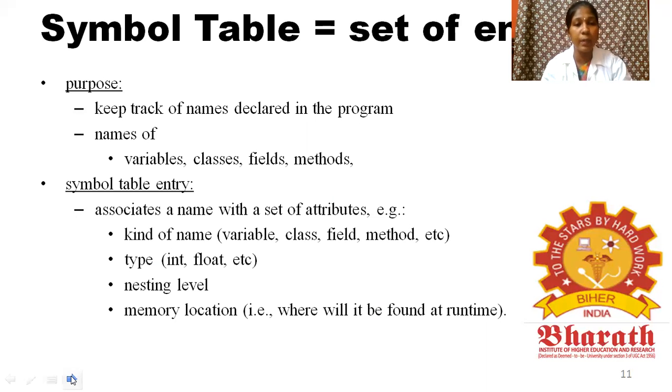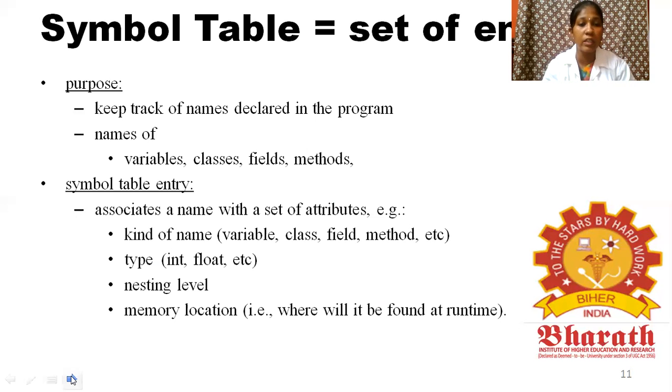The purpose of the symbol table is that we need to keep track of names declared in the program. The names are variables, classes, fields, and methods. A symbol table entry always associates a name with a set of attributes.